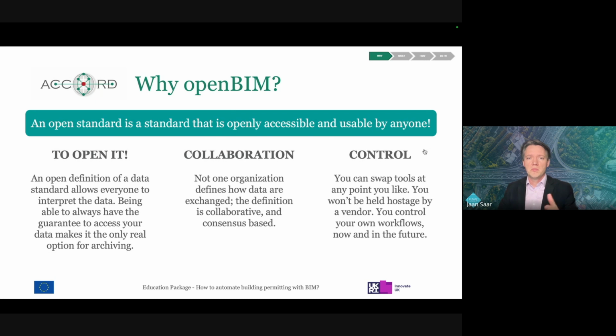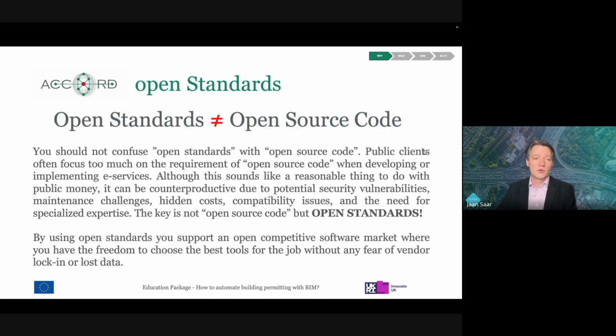And why open standards are good, why openBIM is good. Here's, again, 3 nice slogans about it. You can open things if you have an open standard. It's easier to collaborate, and you are in control of your own workflows now and in the future. And just a side note, you shouldn't confuse openBIM and open standards with open source code. This is what I come across often when talking to public agencies and governments, is that they have a very strong focus on avoiding vendor lock-in.